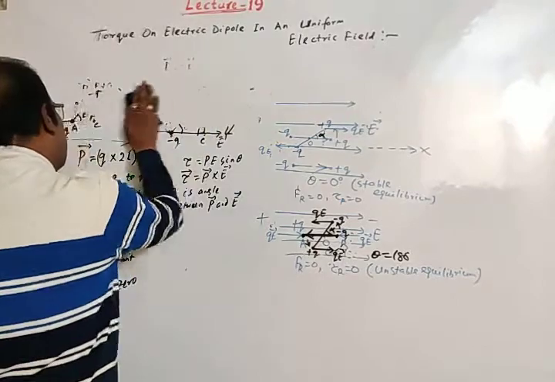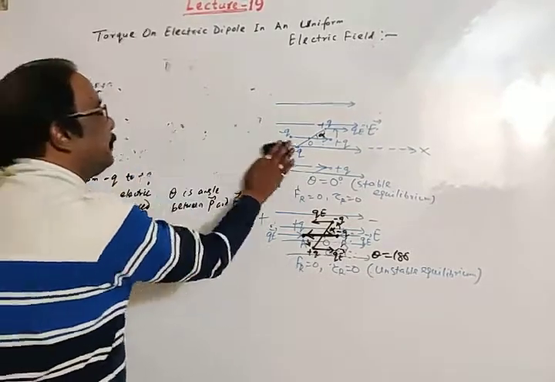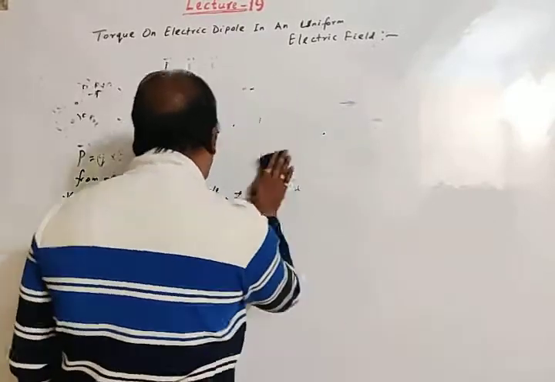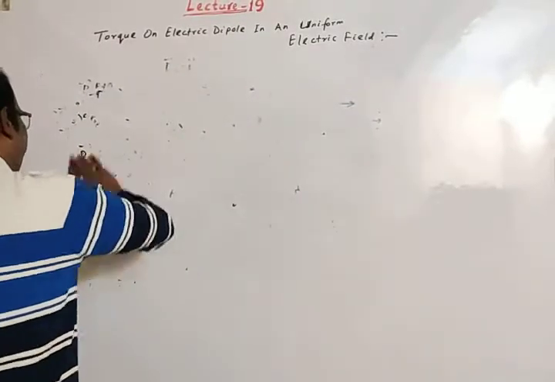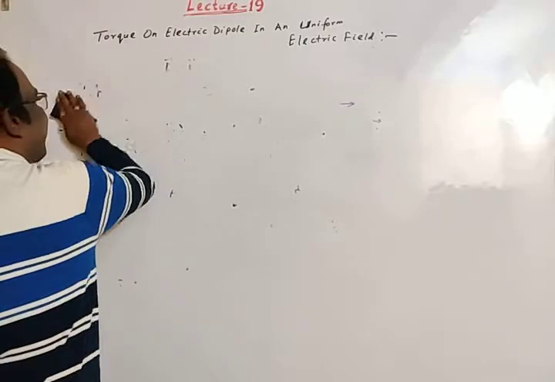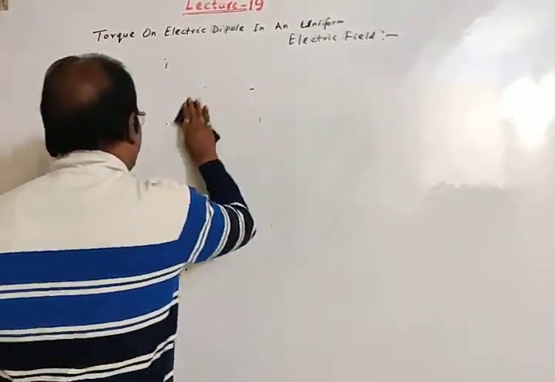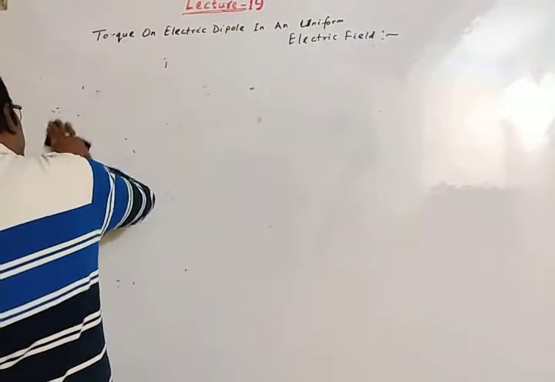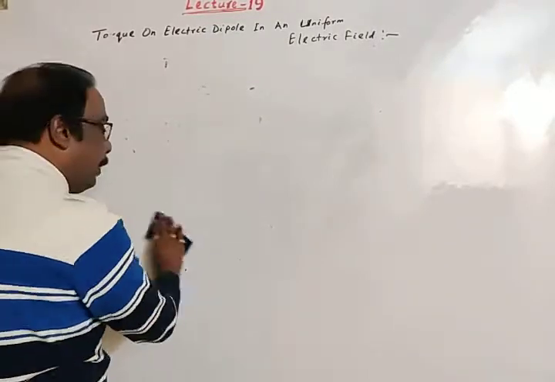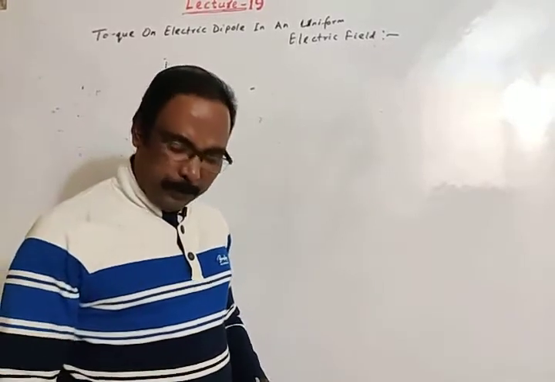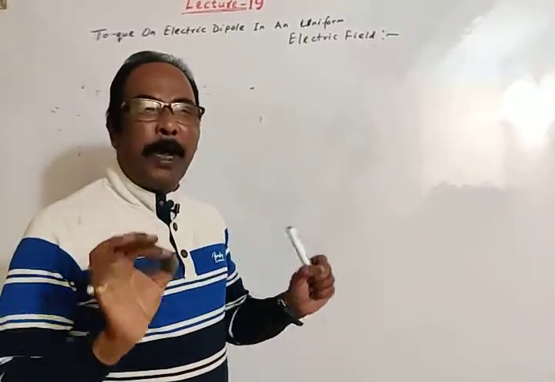I'm erasing this, then we'll have some fundamental numericals on the basis of torque only. The first question is purely board based, and in board based questions you will get only formula based questions.